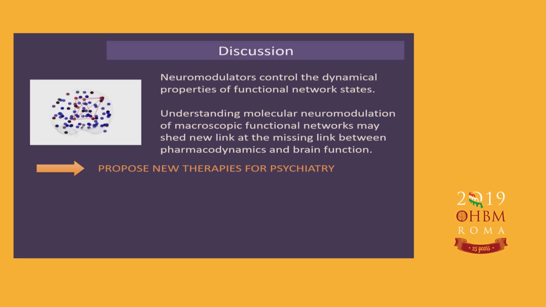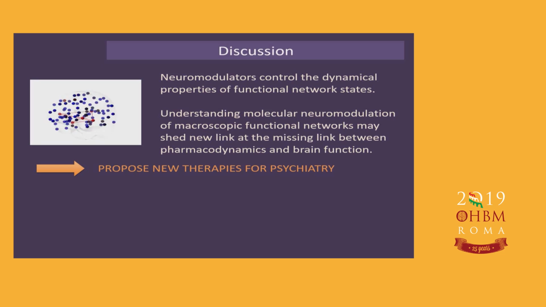Importantly, understanding how molecular neuromodulation acts on macroscopic functional networks matters because there has been a lot of research on how it works neurophysiologically at single neuron levels or in neural populations in vitro, but understanding how it sculpts brain activity at the macroscopic level may shed light on the missing link between pharmacodynamics and brain function.